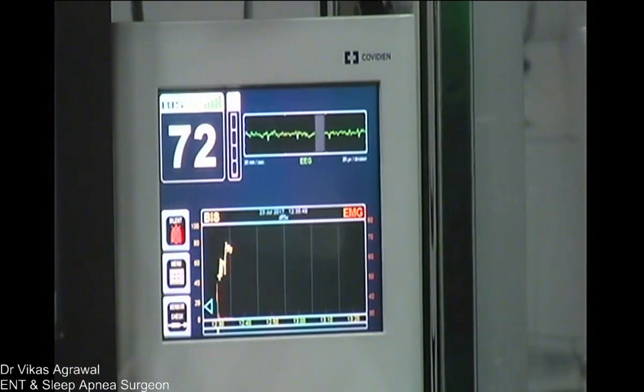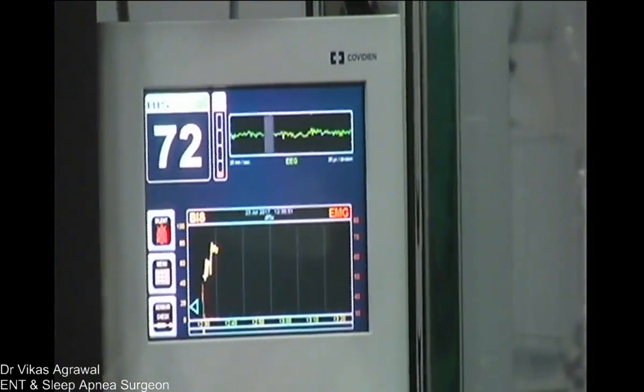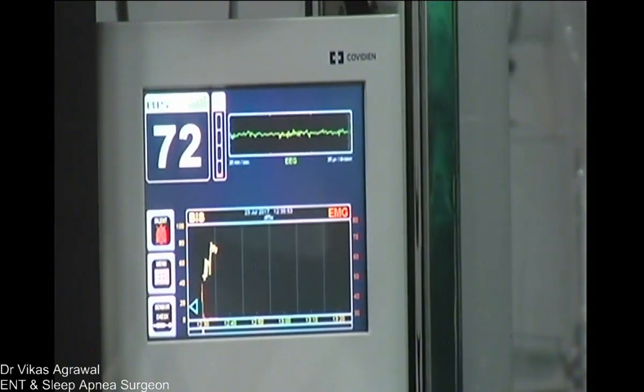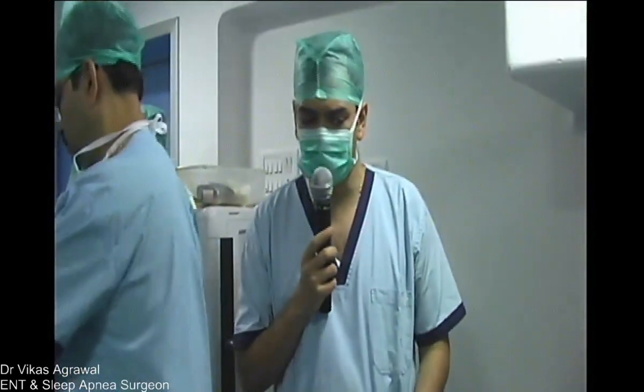See, what is important is there are two things. What we need to know is that drug-induced sleep endoscopy, as you have seen, has a lot of subjective observation variation. There are studies which have shown that when an inexperienced person is doing DISE, his interpretation and level of sedation may vary between two experts.